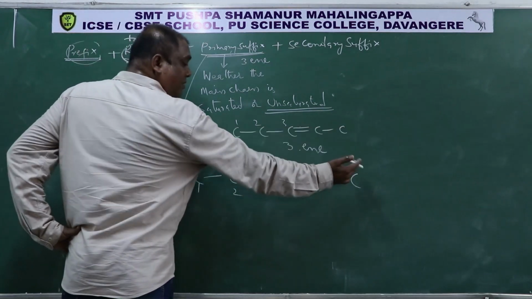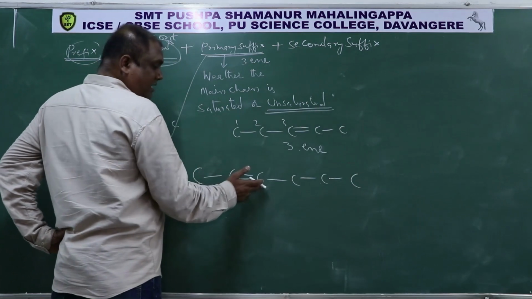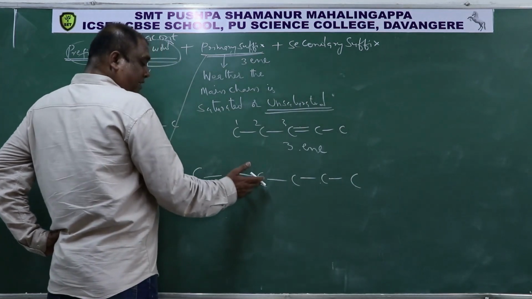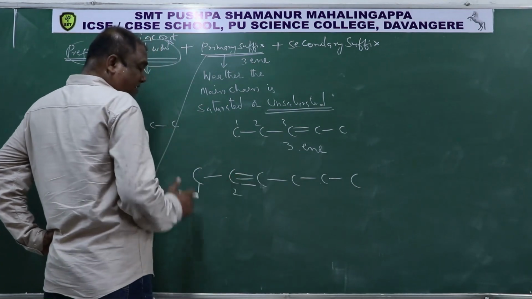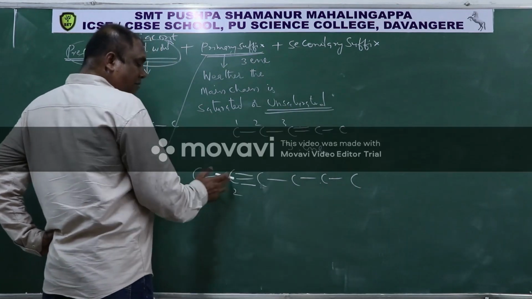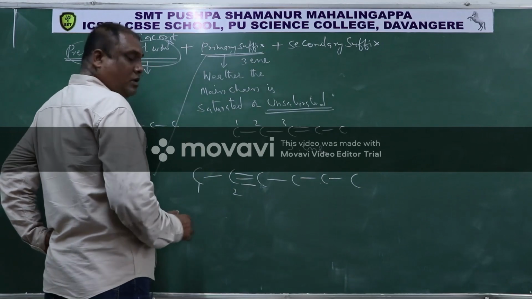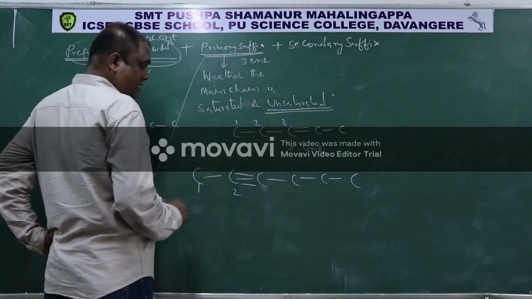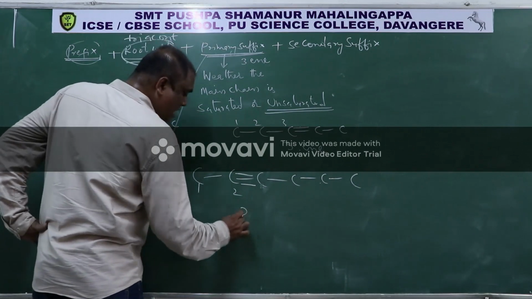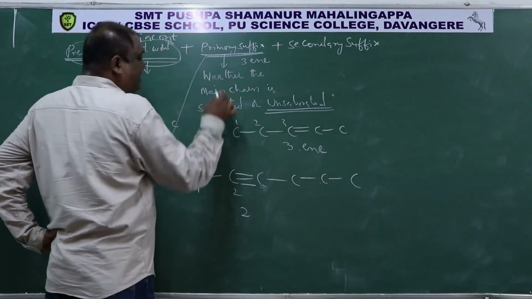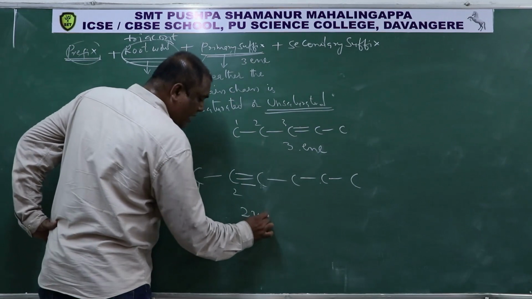If I give numbers from right to left, this will get 4. That means triple bonded carbon will get the number 4, which is more. But when I give from left to right, triple bonded carbon will get 2. Therefore, this is correct way of numbering. Since triple bond is there, I will write "in". So it is called primary suffix. I write as 2-yne.